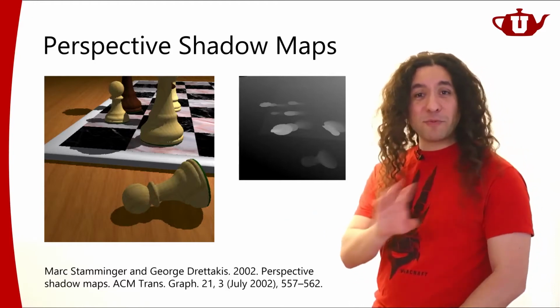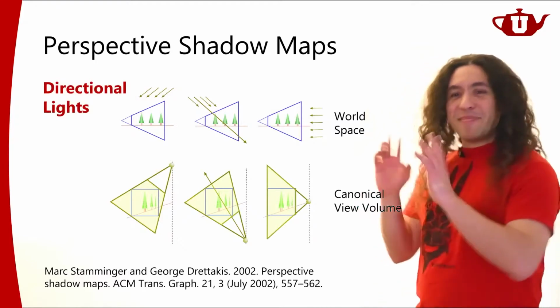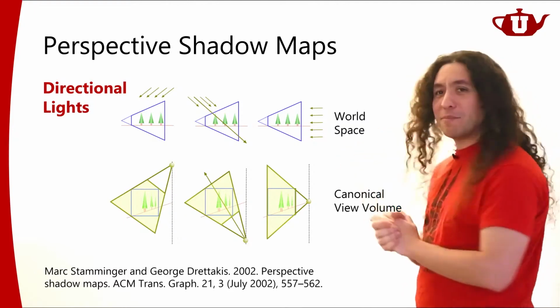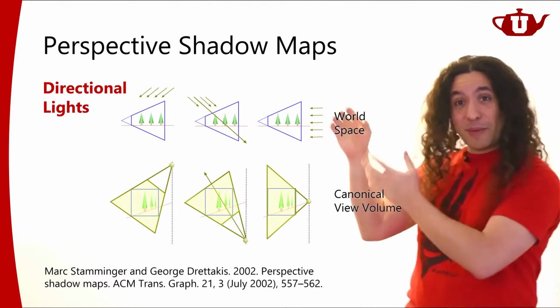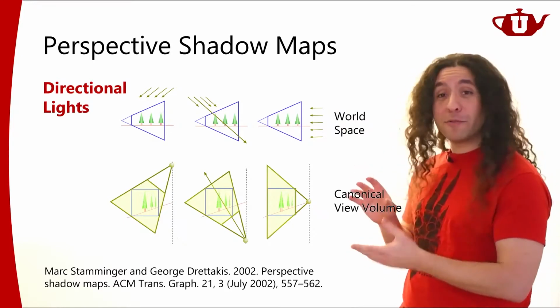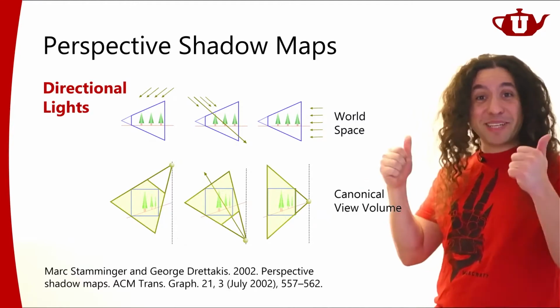So how does that work? It's really brilliant. I love this method. This is an explanation of how it works for directional light sources. What perspective shadow maps are going to do is compute the shadows in the canonical view volume. That's the brilliant part of it.